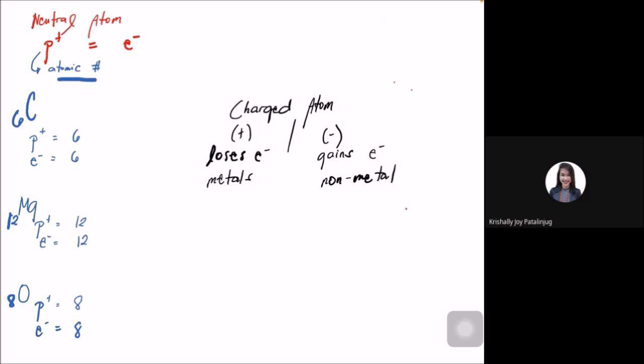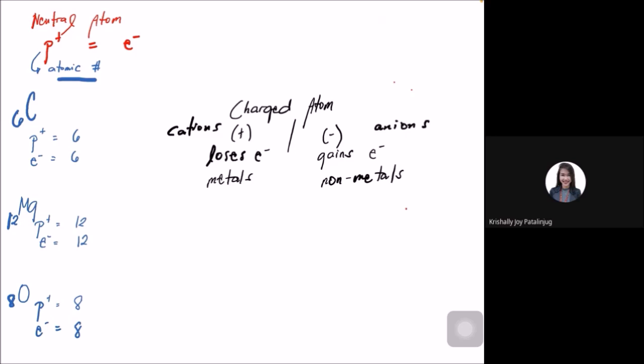That is why, if you recall the list of ions, the nonmetals are negatively charged ions. The metals tend to form positively charged ions, or the cations. So, isulat nyo dito, cations, anions.